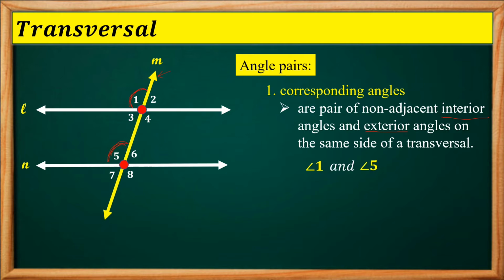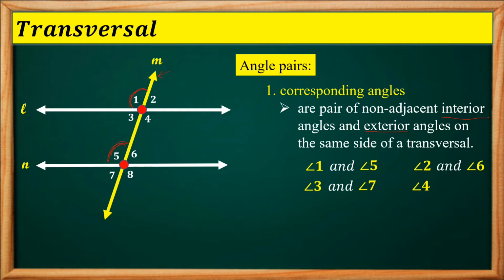Ano pa yung mga corresponding angles? If we have here angle 2, it corresponds to angle 6. Next, angle 3. Angle 3 is interior. Same side niya na exterior, which is angle 7. Next is angle 4.